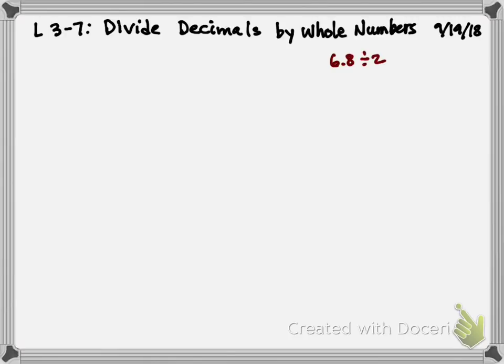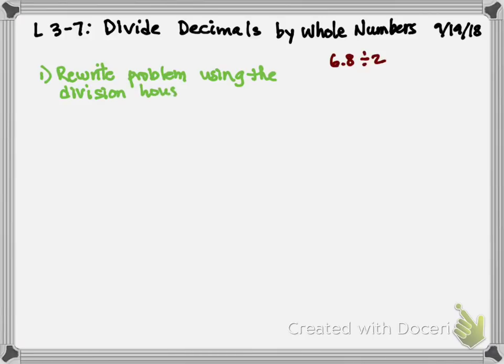Okay, so first thing we're going to do is rewrite the problem using the division house. And the division house, remember, is that kind of L fallen on its side. So it looks like that.